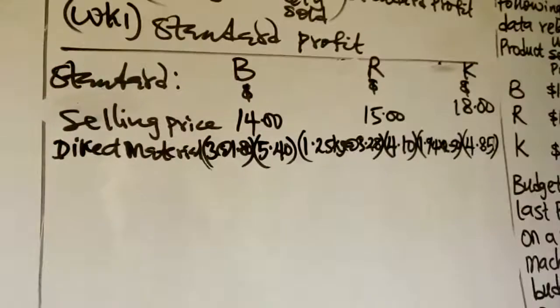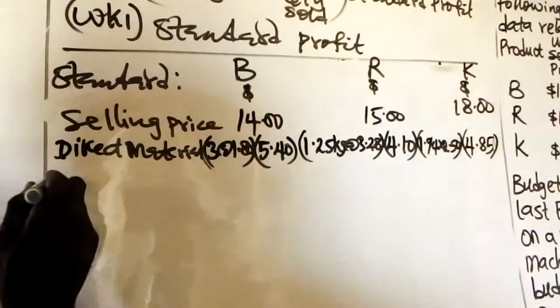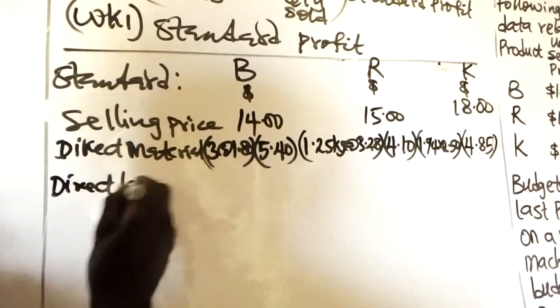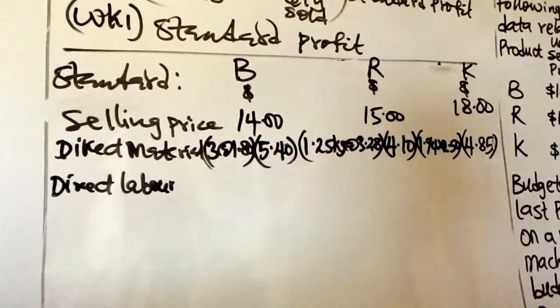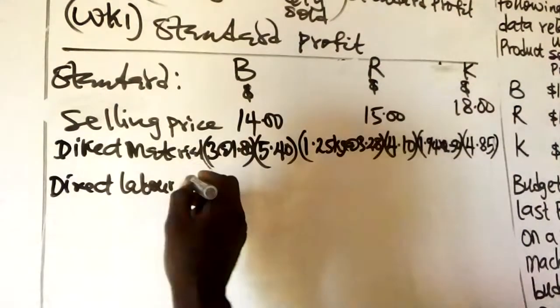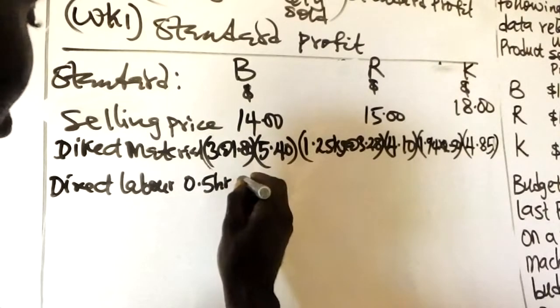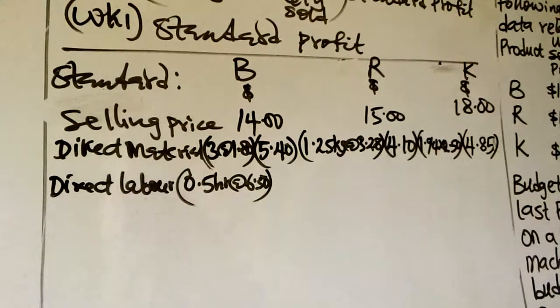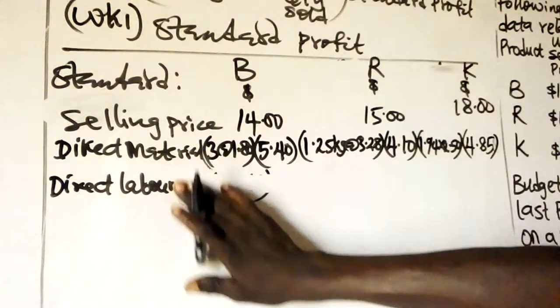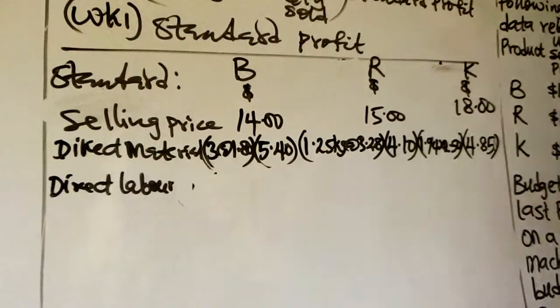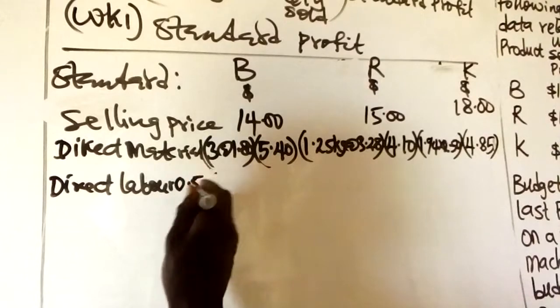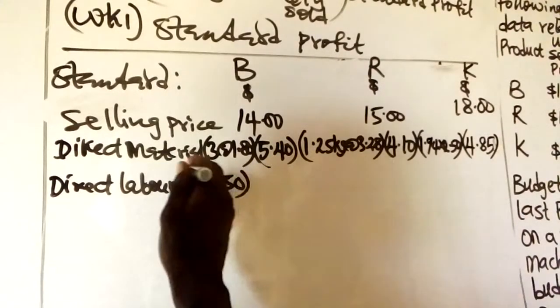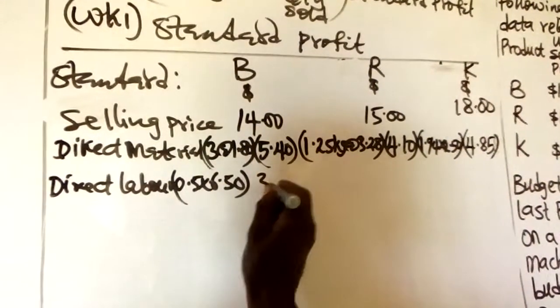So for B, you were given 0.5 hours at $6.5. 0.5 times 6.5 gives us 3.25. That is direct labor.